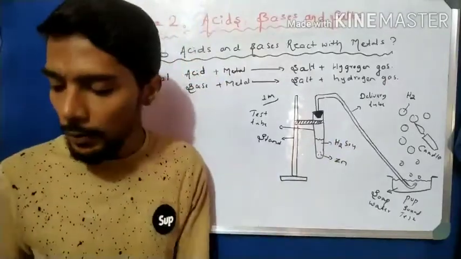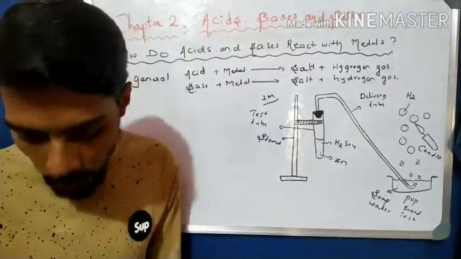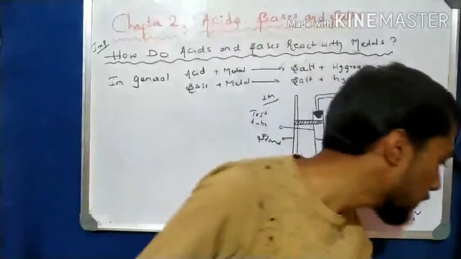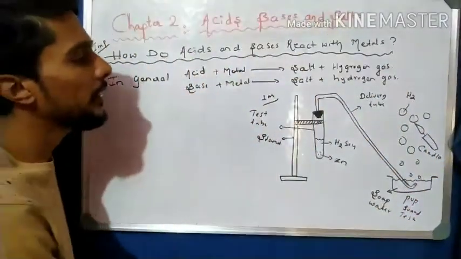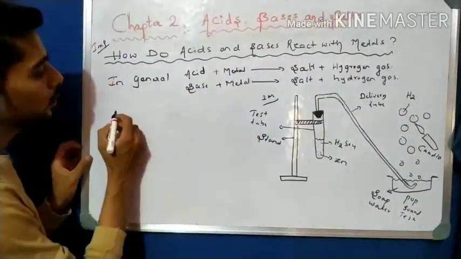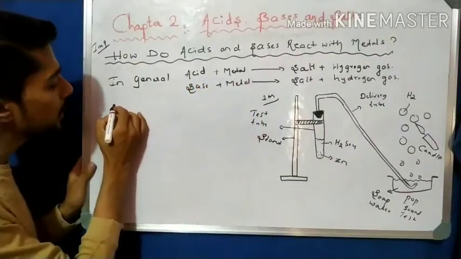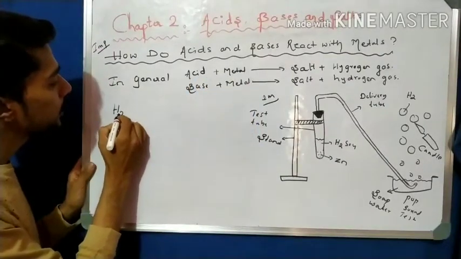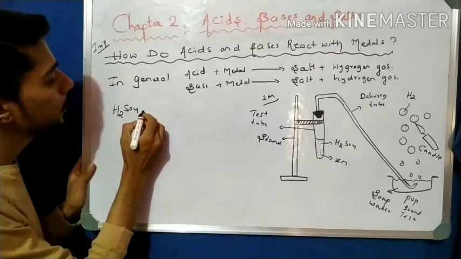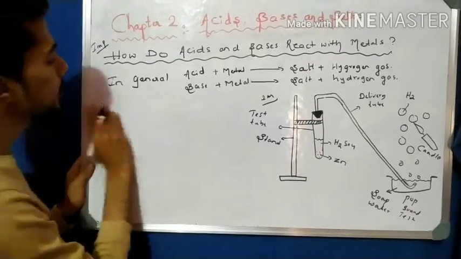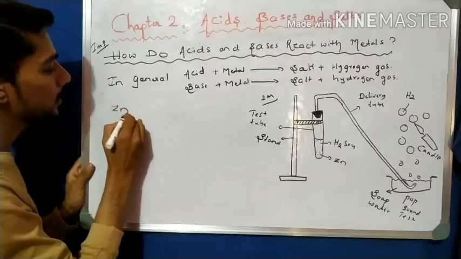Now to write the reaction, I take a marker here. I can write the chemical equation for this. For the acid, I used sulfuric acid, H2SO4. First I write the metal. The metal I used is Zn, right?